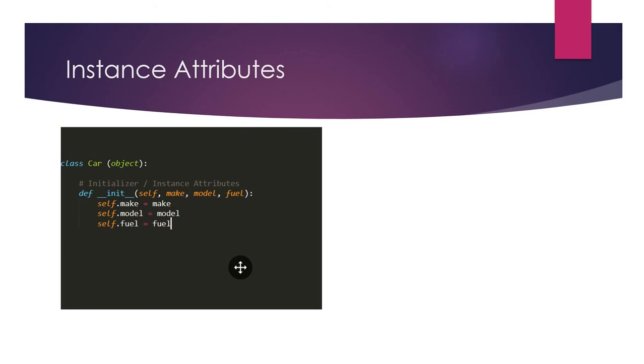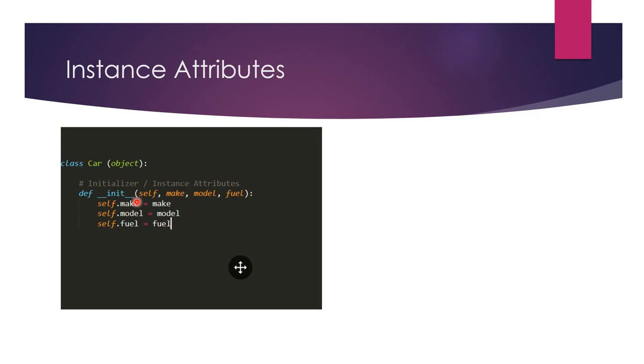I would put up the pointer at this point just to explain it in a better way. You can see here that we have the class car, and over here we have an init function with variables like make, model, and fuel, and we set these variables as part of this class instance.